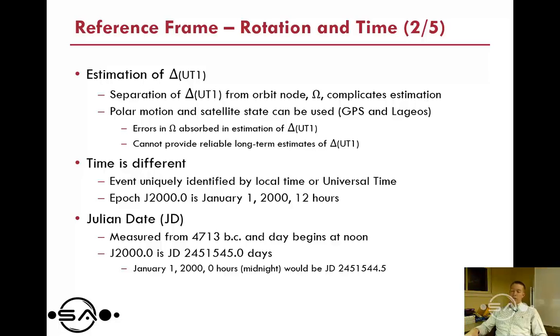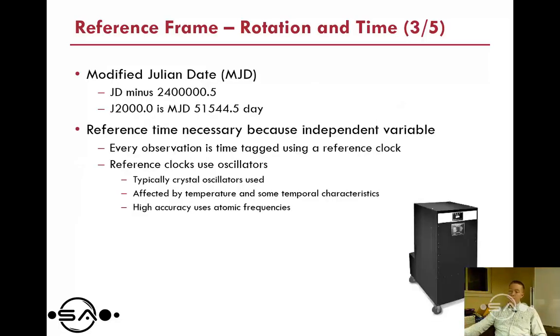So when our Julian day is 2,451,545 days, not 0.5, 0.0 days, right? So midnight obviously would be 2,451,544.5. So to get rid of that half-day weirdness and to decrease the amount of days that we're working with, we could take our modified Julian date, which is literally just taking the Julian date minus 2,400,000 and a half days.